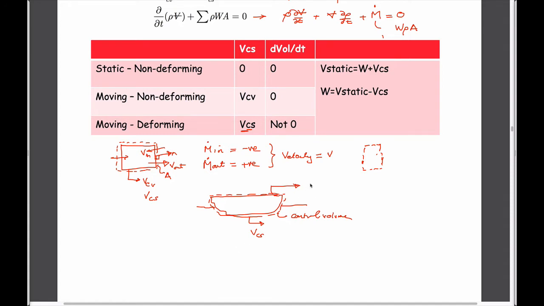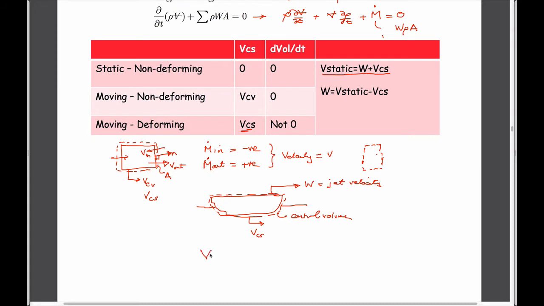This is equal to the jet velocity. And so we can write this expression here, and this is the basic expression.